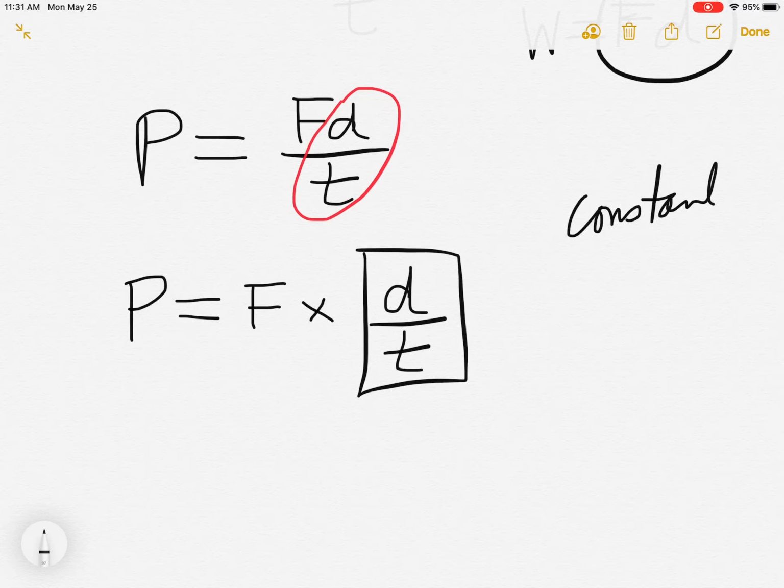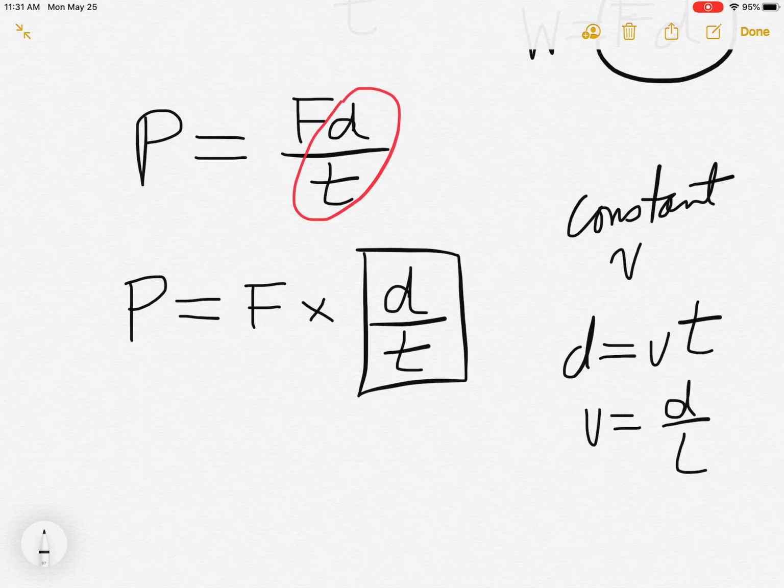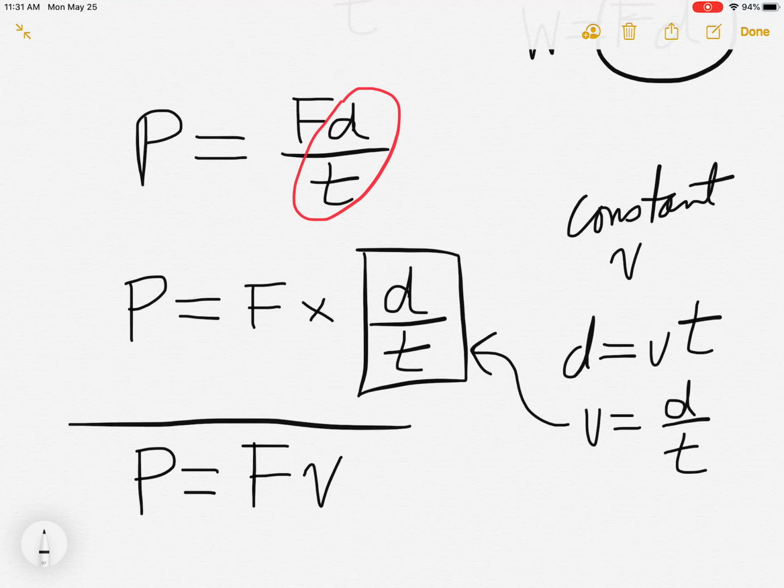When you're moving at a constant speed, as this jet ski is, if you have a constant v, then remember d equals vt, and so v equals d divided by t. You just divide both sides by t, which means that what we have here is a v. So the power equals F multiplied by the constant speed.